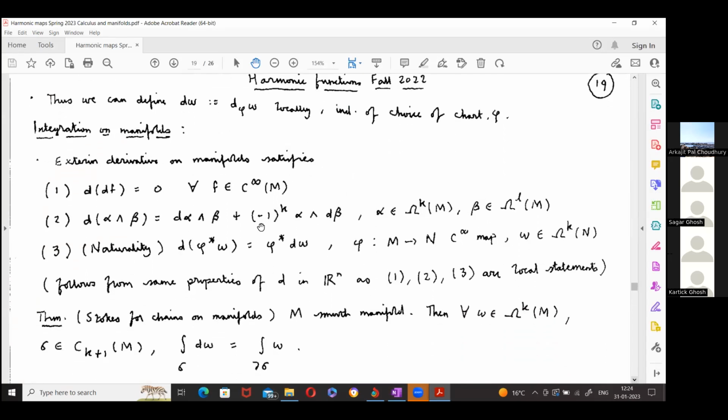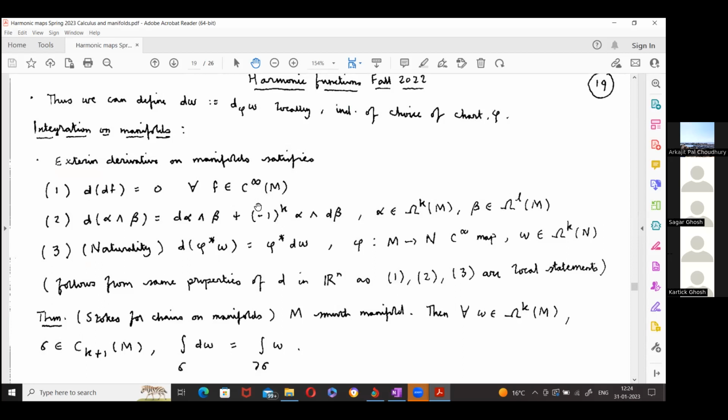And then you can show that the exterior derivative on manifolds satisfies these same properties like in Rn. So d of df is 0, where f is any smooth function. And d of alpha wedge beta is d alpha wedge beta plus (-1)^k alpha wedge d beta, where alpha is a k-form, beta is an L-form.